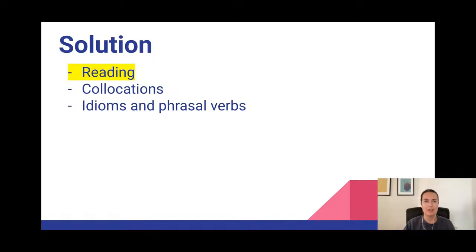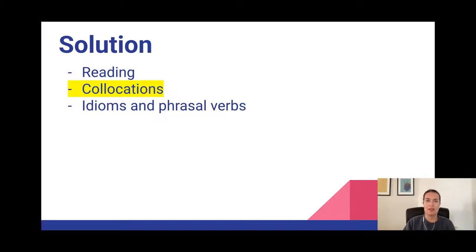Reading anything. So if you're thinking of making something new for dinner, look up the recipe in English instead of in your language. Reading the weather forecast or anything that you would do anyway, try to do it in English. But don't just read. It's very important to focus on collocations.